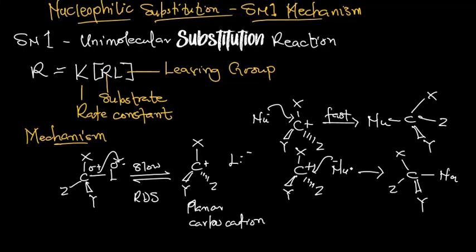Now, one other thing is that you notice that we have the carbocation, and so we don't really look at the nucleophilicity of the nucleophile which is coming in to attack, because once the carbocation is formed, it becomes very reactive, which means that the rate of the reaction depends on the carbocation that is being formed. So automatically we are going to have the nucleophile coming in to attack the carbocation and form the product.